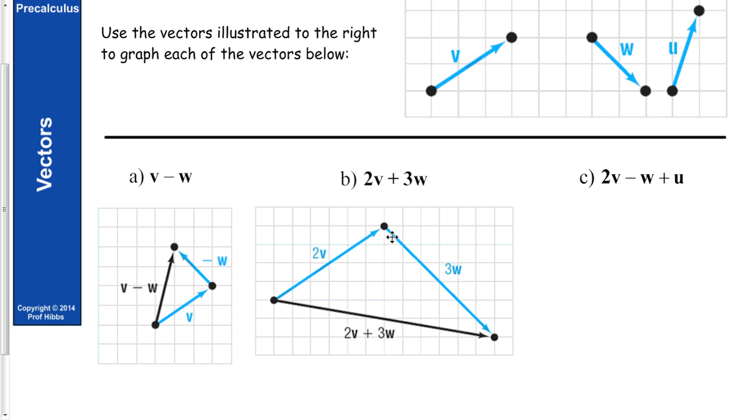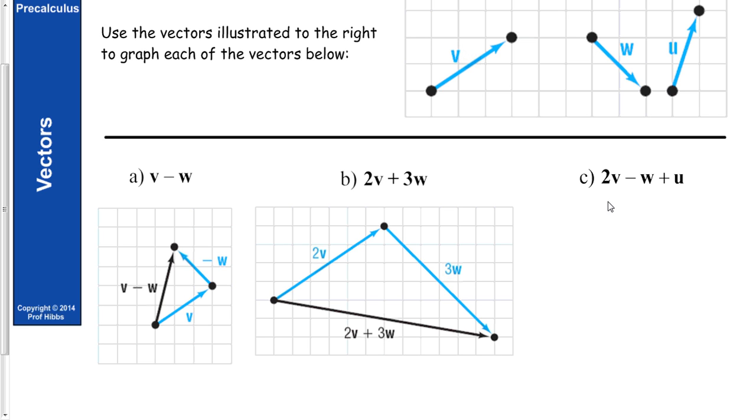So let's figure out where we're going to find the end. 1, 2, 3, 4, 5, 6. It goes to the right, and 1, 2, 3, 4, 5, 6. It goes down. And so this is what 3W would look like. Okay, well then if we start here and go to 2V, and then we start from the end of 2V, we add 3W, then this is 2V plus 3W.